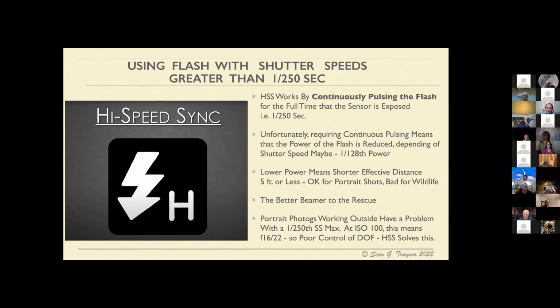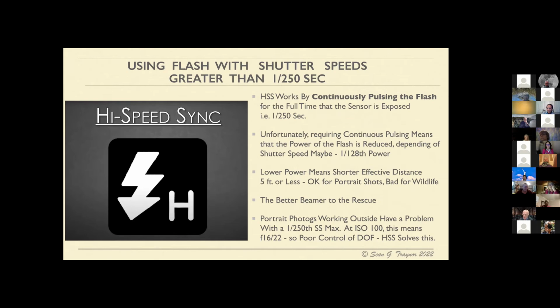By the way, portrait photographers working outside with flash actually run into a slightly different problem, because they are restricted to a 1/250th of a second. So if you have to work at 1/250th of a second, you must turn the ISO down to around 100.